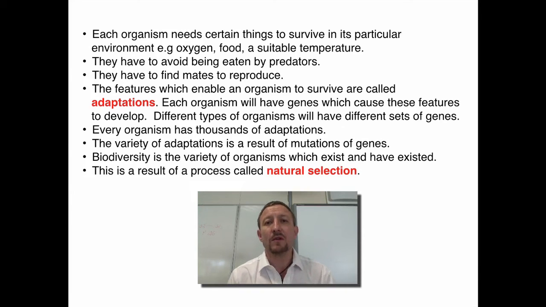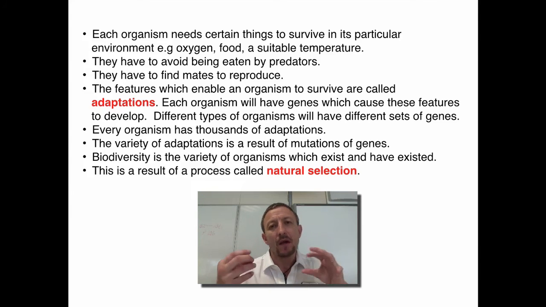Certain organisms will have the ability to prevent being eaten by predators. For example, certain bugs turn green so that they look almost like a leaf. Some bugs have basically turned into thorns so that they can blend in with their environment, and because of that, they're not going to be eaten.